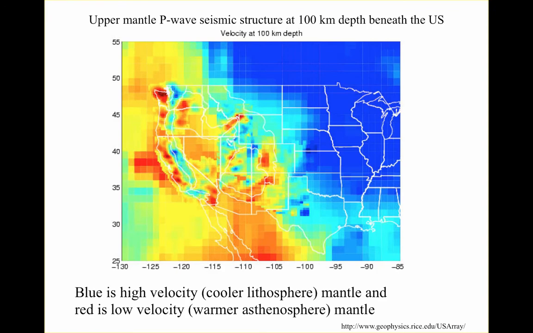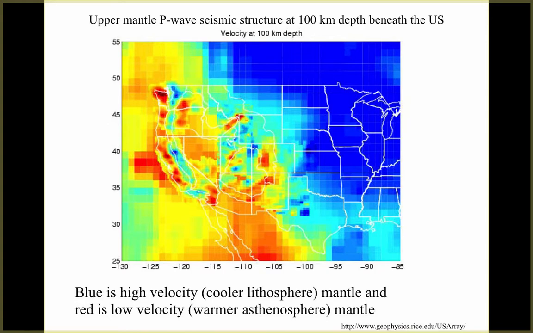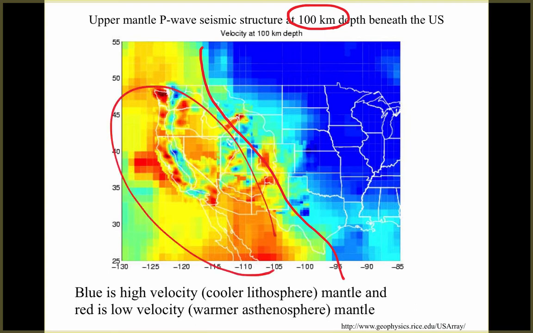Tomographic images show us large-scale variations in the seismic wave speed, or seismic velocity, deep beneath the Earth's surface. This image is a horizontal slice through the Earth at 100 kilometers depth beneath the US. The most dramatic feature on this image is the boundary between the western US, that is red or hot, and the eastern US, that is blue or cold.